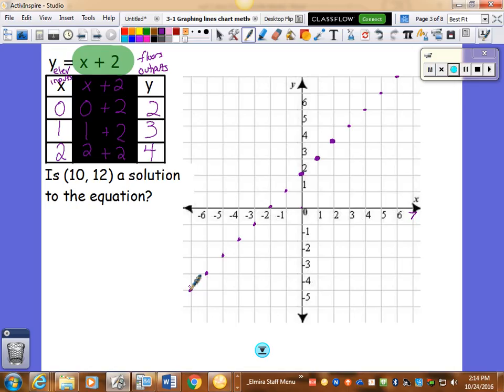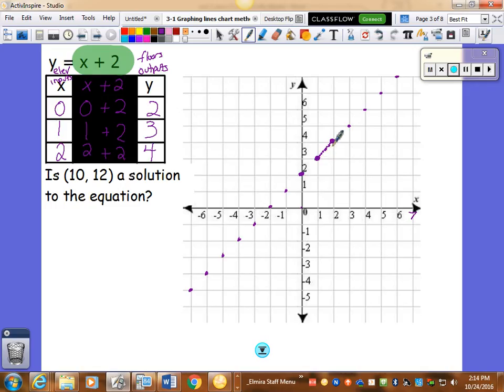Okay? Now we have some dots. But remember how I said decimals were involved? So for example, if I went to 1.5, 3.5 would be my y value. In fact, halfway between here, and then halfway between these points, and then halfway between throughout.